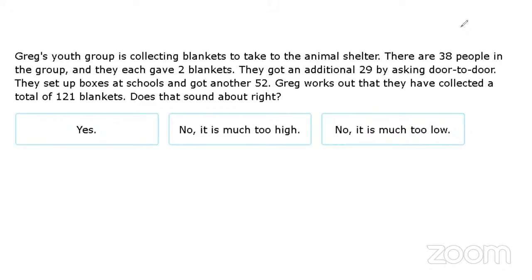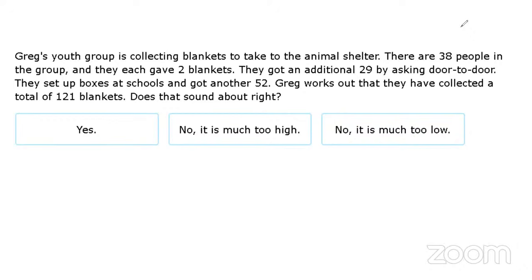I see Jnor saying it's much too low, and Dolores saying the same thing. Oh, Dolores is saying D. We don't have D. Okay. So Nikela is saying it is much too low. Now, the correct answer here is yes, no it is much too high, or no it is much too low. One of these is the correct answer.